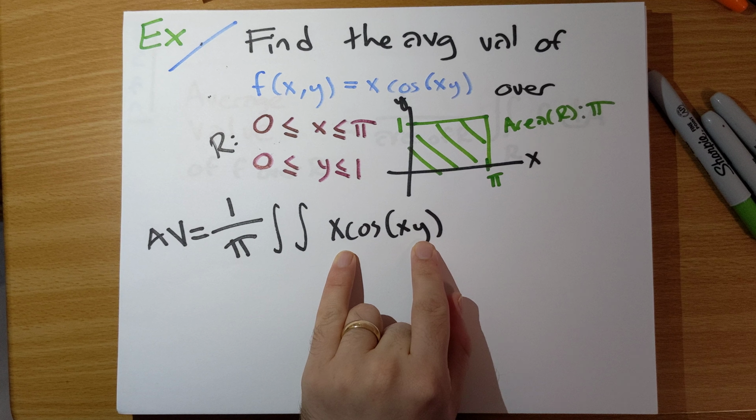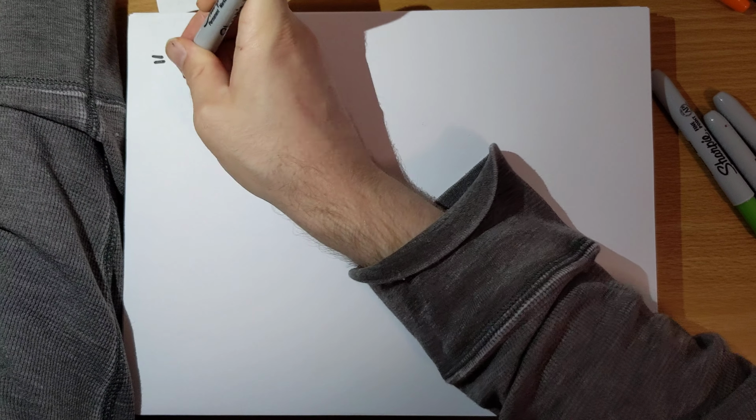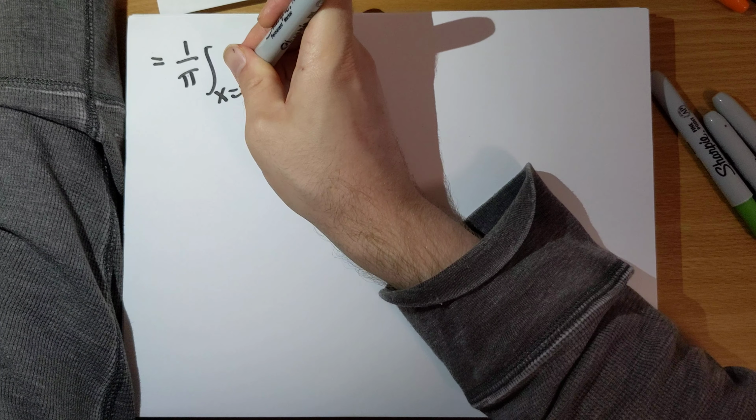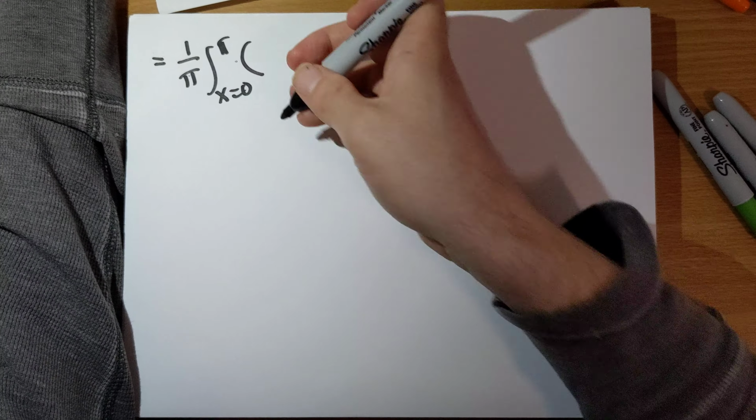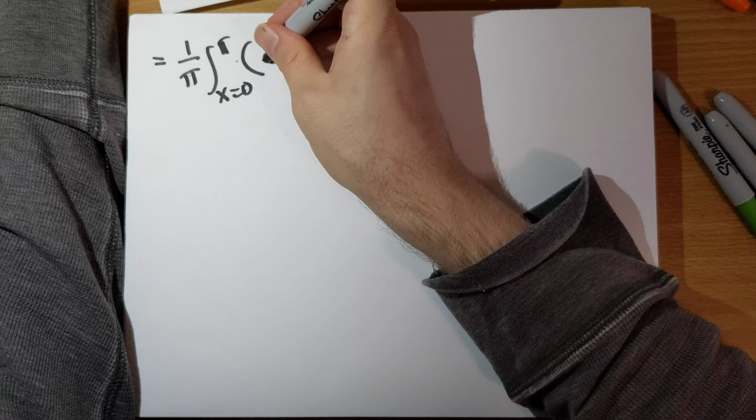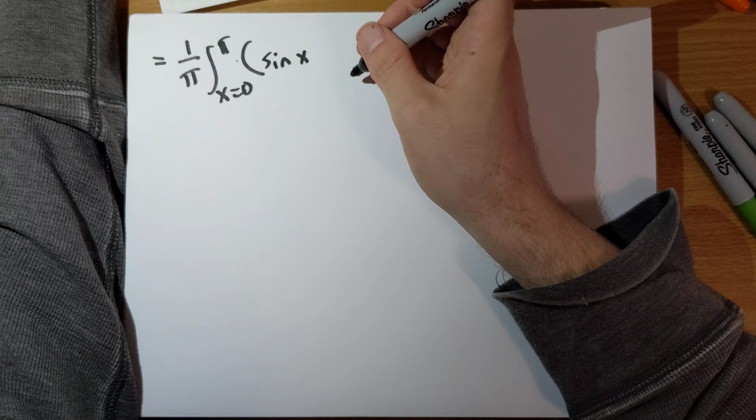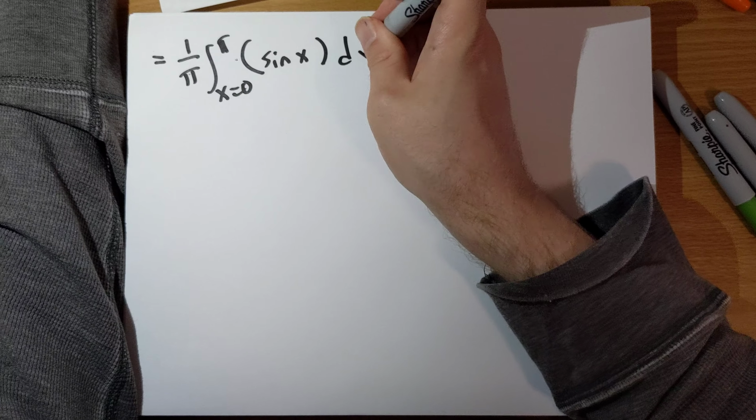Plug in y runs from 0 to 1, dx. Plugging in y is 1 and y is 0: sine of 1 times x is just sine x, minus sine of 0, which is just 0.